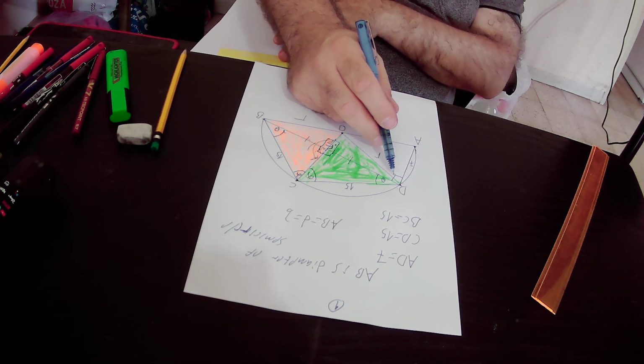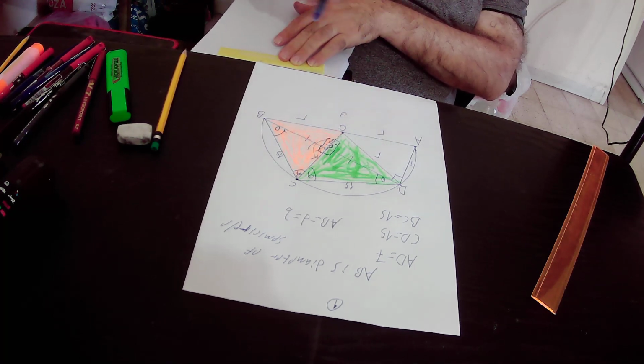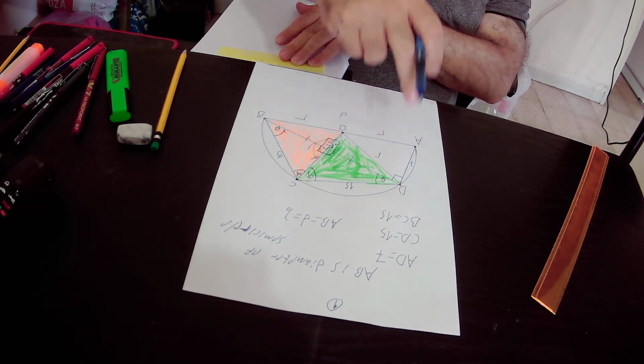Angle ADB equals 90 degrees because this angle rests on the diameter. According to rule number 1, it equals 90 degrees.